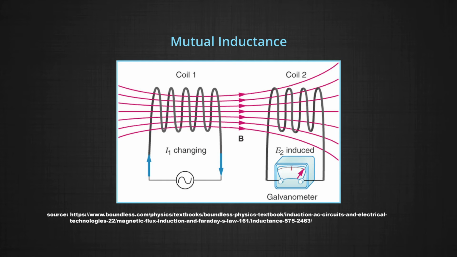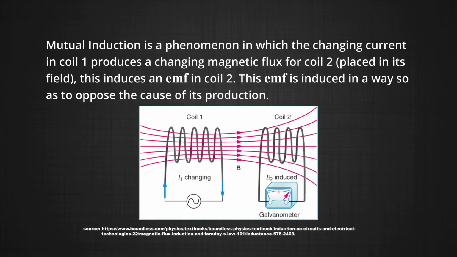Let us consider the case in which electric current can be induced in a coil by flux change produced by another coil in its vicinity. This is called mutual inductance. You can see in the diagram that mutual induction is a phenomenon in which changing current in coil 1 produces a changing magnetic flux in coil 2 placed in its field.